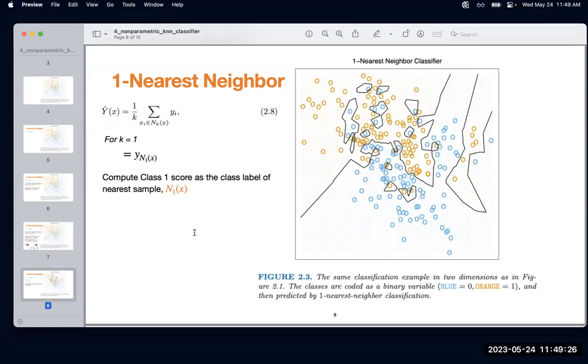If we change our k from 15 to 1, what would happen? Instead of taking into consideration the 15 closest samples from our training data, I would be considering only the single one that is the closest to my input value.